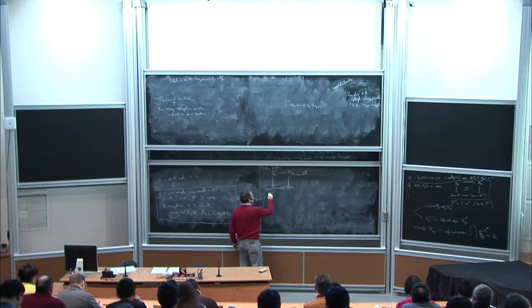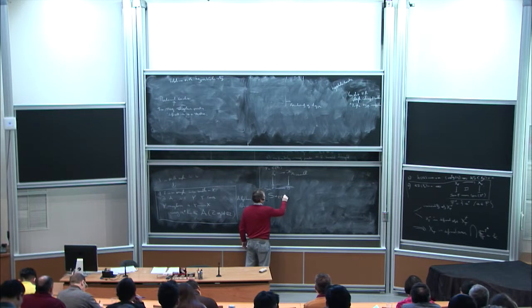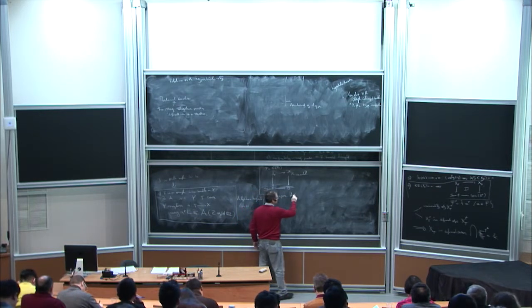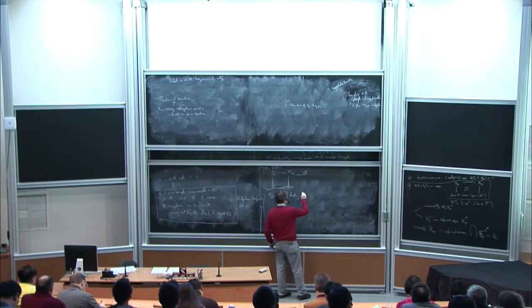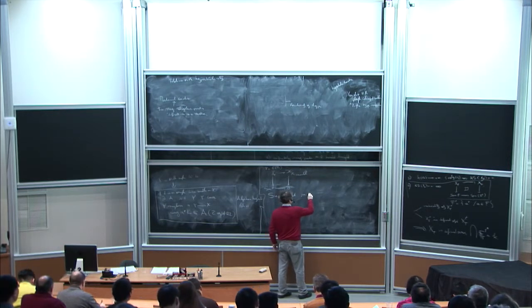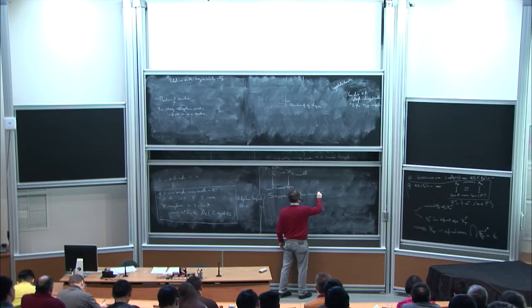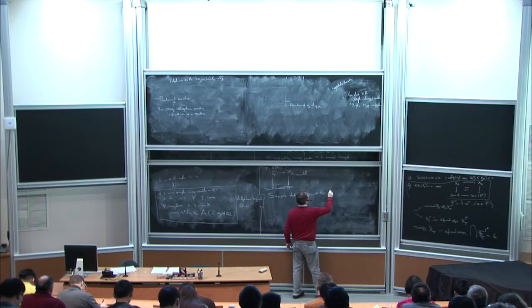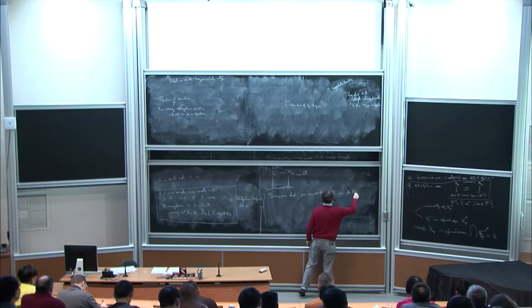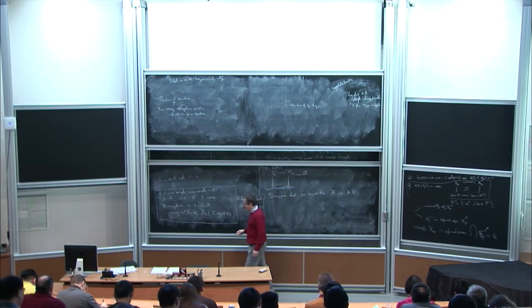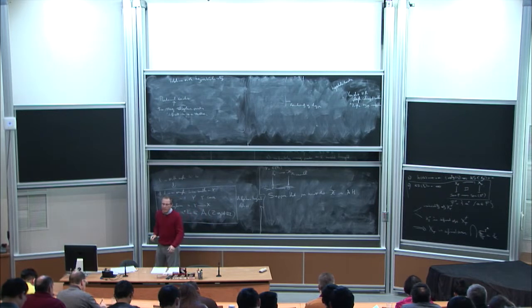And suppose that for some reason you know that the model X is AH. So X verifies this property.